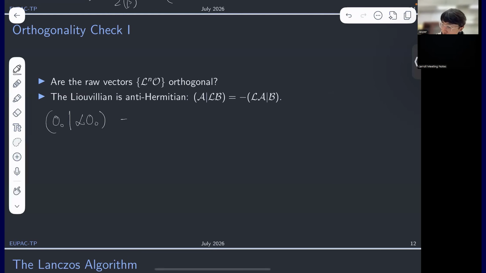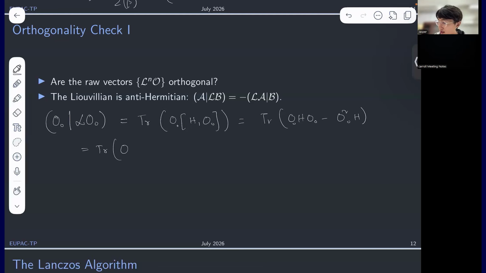This is just the trace of, right, and we can see, using the cyclic property of the trace, that this is just 0.